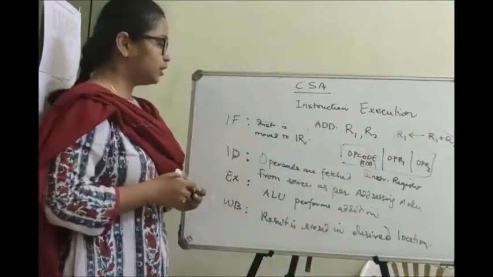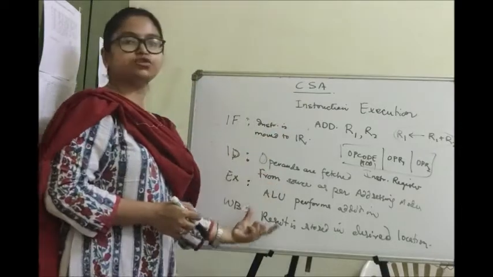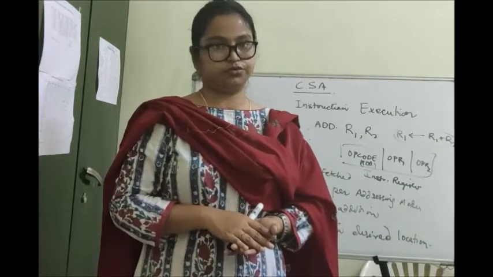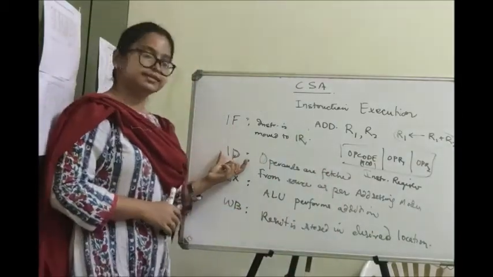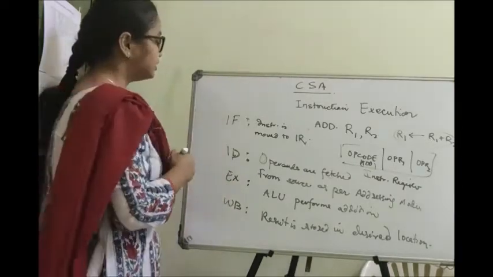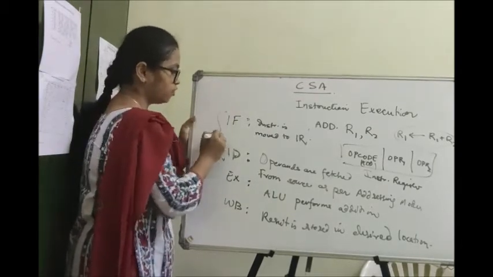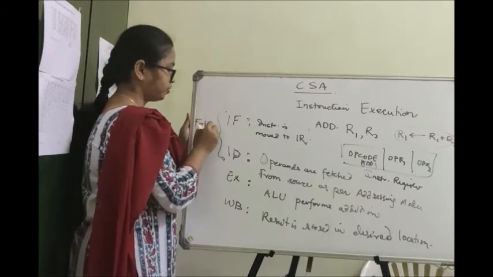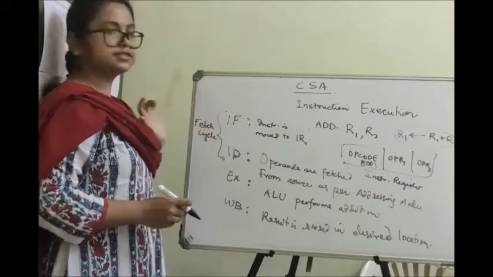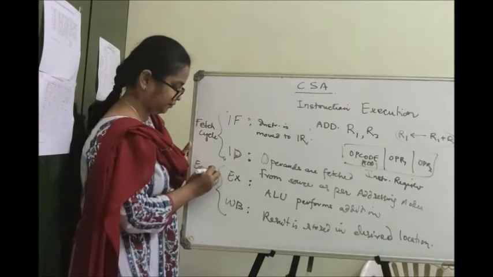Okay. I hope it is clear to you. We have taken an example here and I showed you the entire execution process stage by stage. We usually have 4 stages in case of instruction execution. First is instruction fetch, second is instruction decode, third is execution, fourth is write back. These first two stages combined are called the fetch cycle, and the last two stages combined are called the execution cycle.